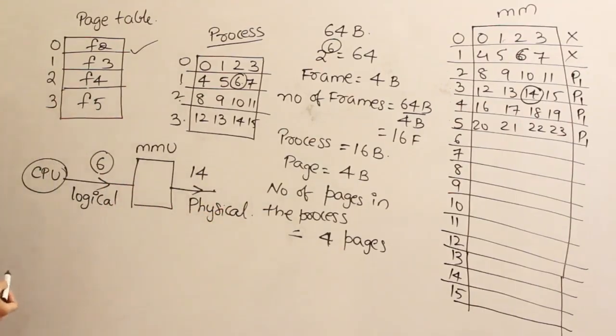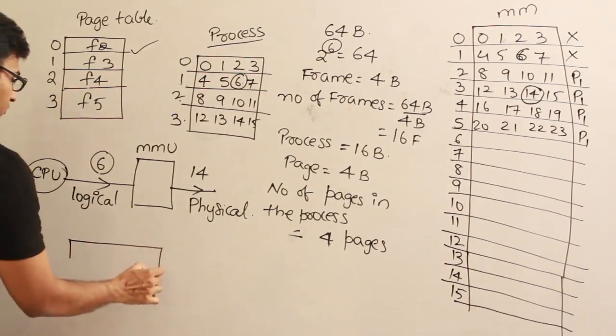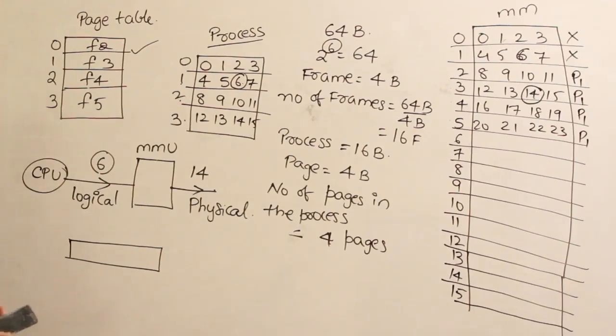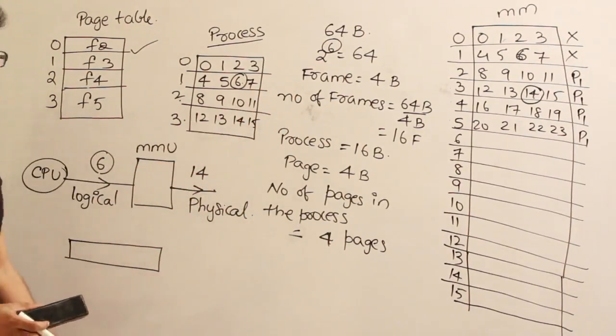Fine. Now how can we convert it? Now watch, 6. First thing is, how many bits will be in the logical address? The number of bits in the logical address will always depend on the size of the process, and the number of bits in the physical address will depend on the size of the main memory, right? So what is the size of the process here? Size of the process is 16 bytes.